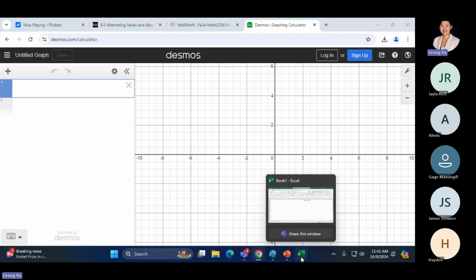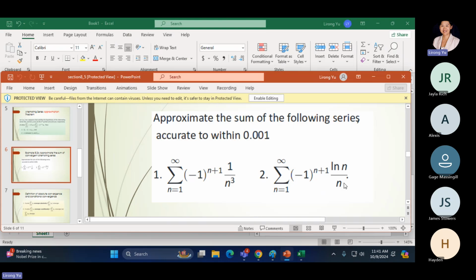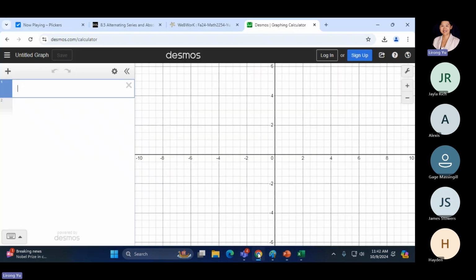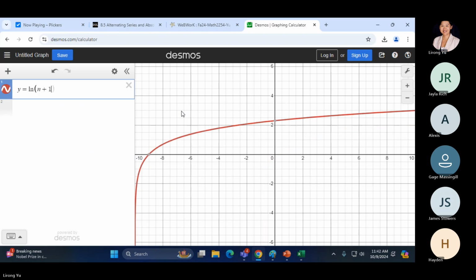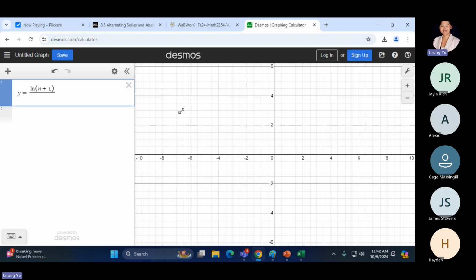So for example, right now we have a function, natural log of n over n, and we can find the solution here. Y equals natural log of n plus 1 over n plus 1. We can let the computer help us find the solution.